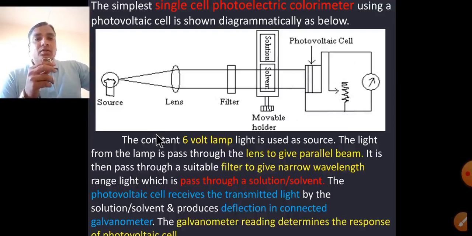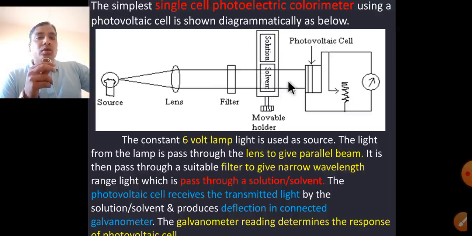The construction of this single cell photoelectric colorimeter: a constant 6-volt lamp is used as a source. The light from the lamp is passed through the lens to give a parallel beam. It is then passed through a suitable filter to give a narrow wavelength range of light, which is passed through the solution or solvent.